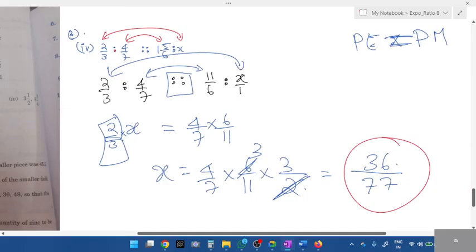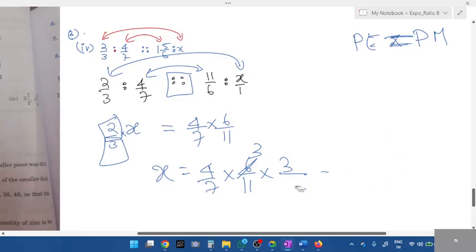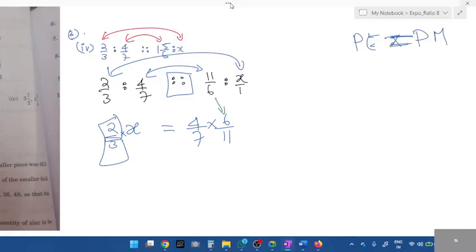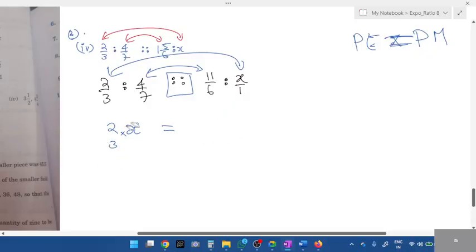Can you tell me what mistake I've done? Instead of 11 by 6, what have I written? 6 by 11. I have taken a wrong value. So, 2 by 3x equals 4 by 7 into 11 by 6.